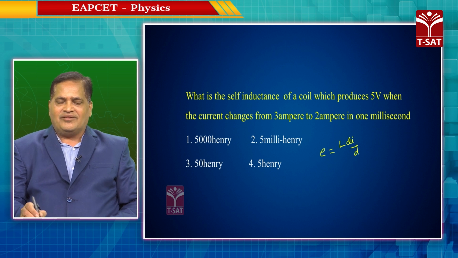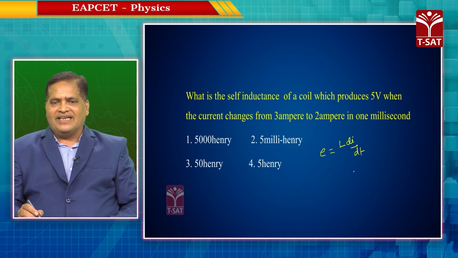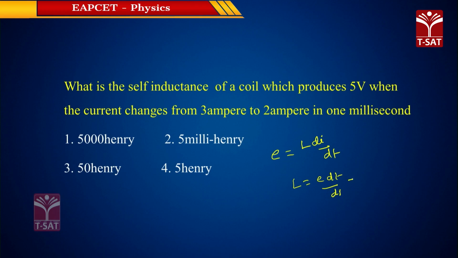Here induced EMF is directly proportional to the rate of change of current, and the proportional constant is known as L. We want to find the L value. L is equal to E dt by di. Here E value is given as 5 volt.